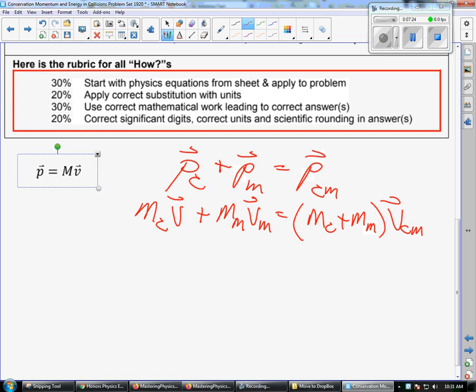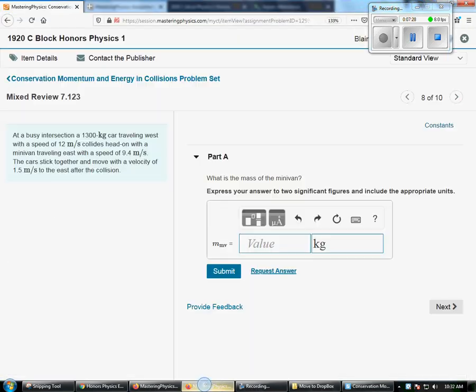Now it's time to put in my numbers. Let's see. Oops. So I've got 1,300 kilograms. Good, it's in kilograms. West with that speed 12. And the minivan is 9.4 and 1.5 afterwards. I know I'll forget.